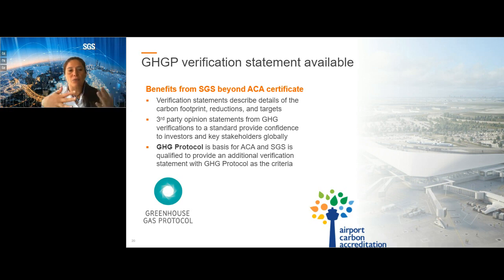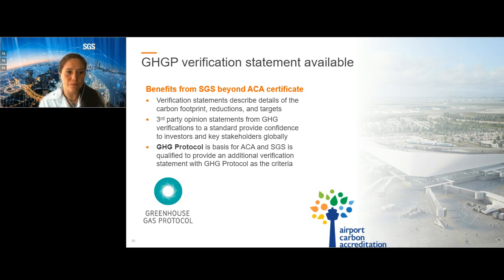It will be useful for any program that you present, not only for ACA. It is for everything, because this is the most famous thing, the greenhouse gas verification statement. Independent of whether you are an airport or not, this is the same that we provide for an oil and gas site, for a mine, for a factory.